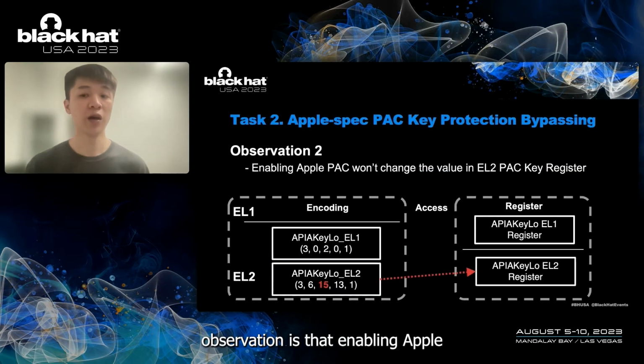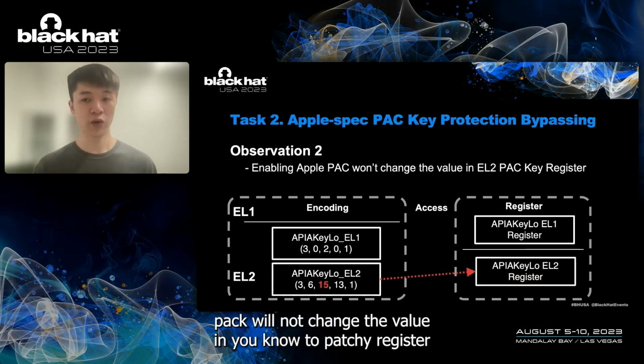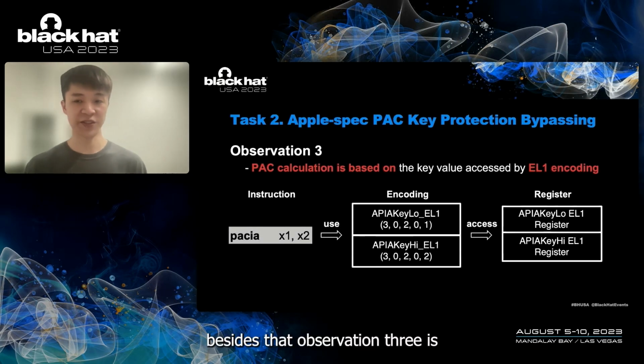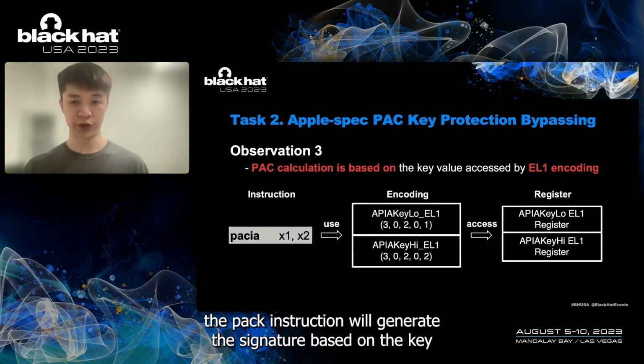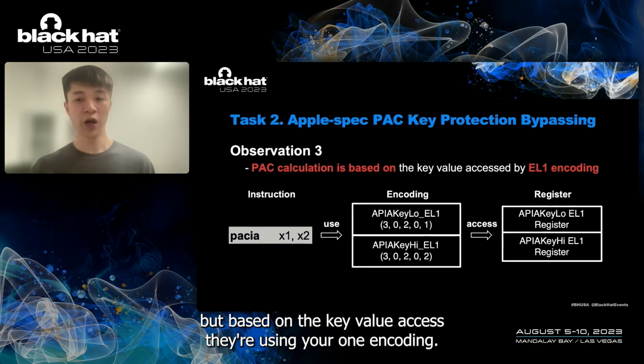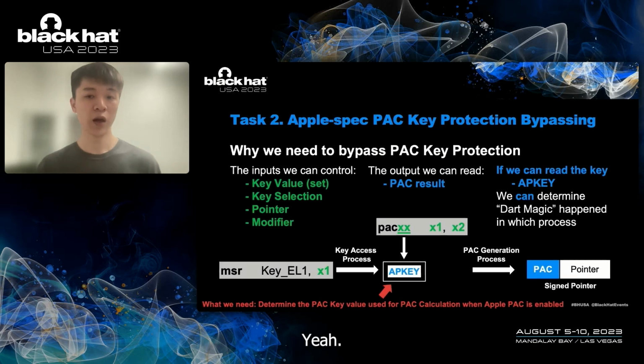Observation 2 is that enabling Apple PAC will not change the value in the EL2 PAC key register. Besides that, observation 3 is the PAC instruction will generate the signature based on the key value accessed using the EL1 encoding.